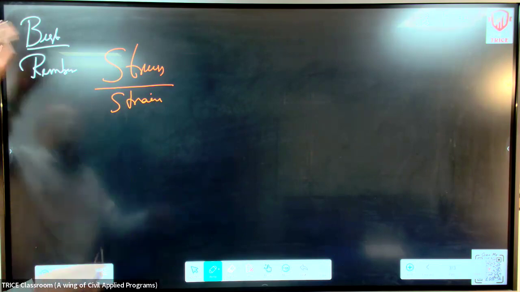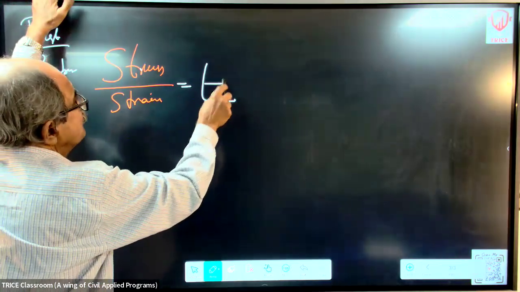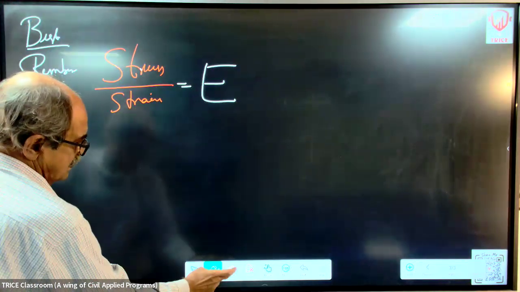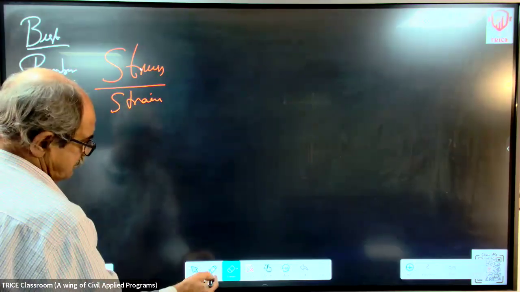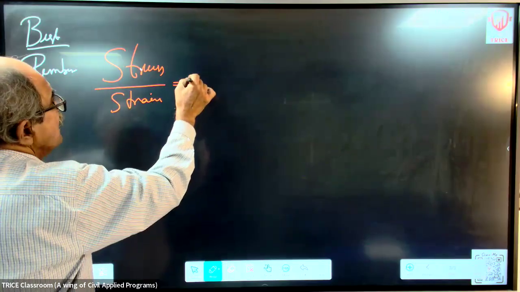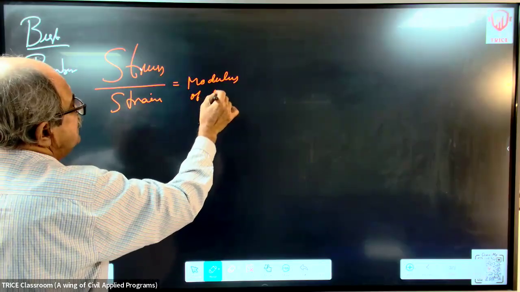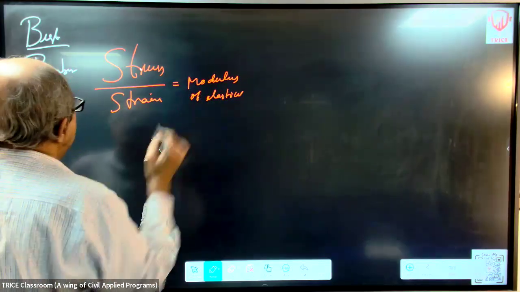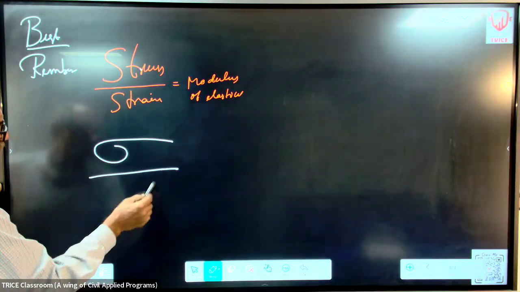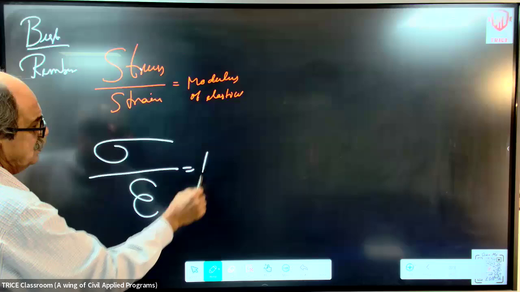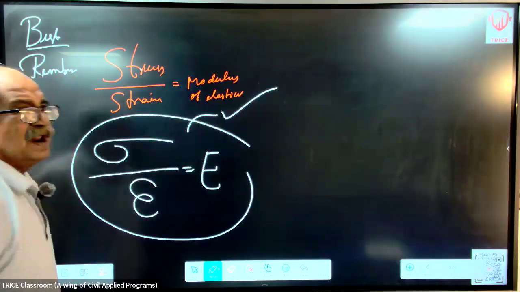Got it? Okay, fine. So, stress divided by strain is Young's modulus E, equal to modulus of elasticity. That is mathematically stress divided by strain equal to E. Remember this, over.